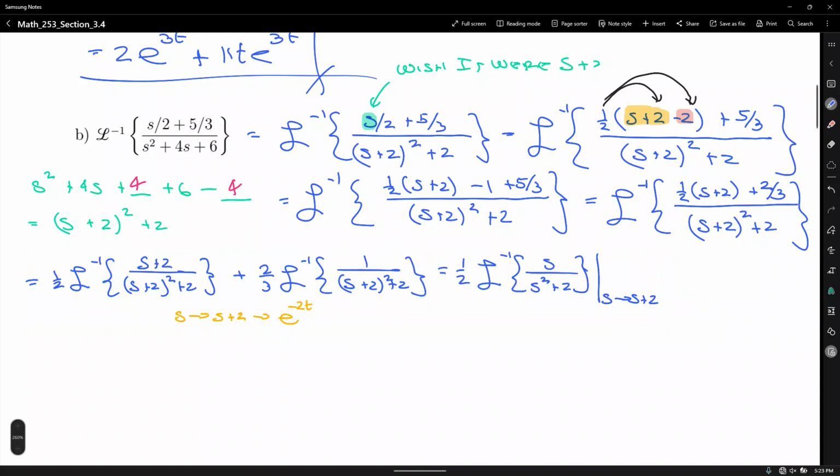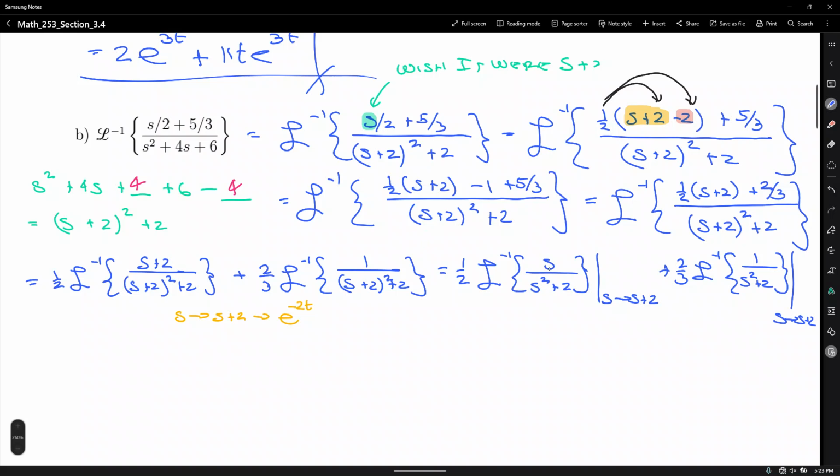That is 2/3 the inverse transform of 1 over s squared plus 2, also where s goes to s plus 2 as well. And look at those expressions. Those are easier to find their inverses, right? But not quite yet.